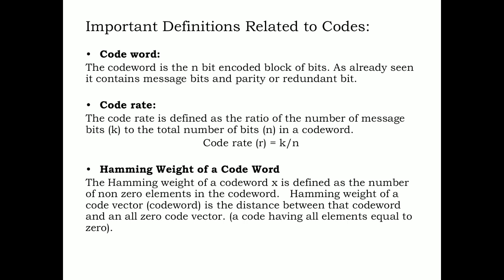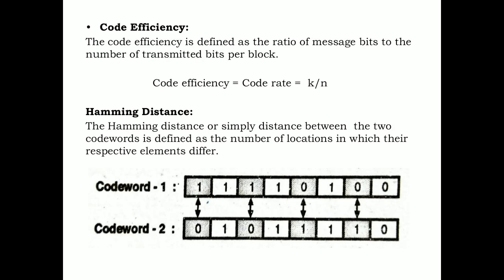Hamming weight of a code word. The Hamming weight of a code word X is defined as the number of non-zero elements in the code word. Hamming weight of the code vector is the distance between that code word and an all zero code vector. Next is code efficiency. The code efficiency is defined as the ratio of message bits to the number of transmitted bits per block. Code efficiency is equal to code rate, that is equal to k by n.